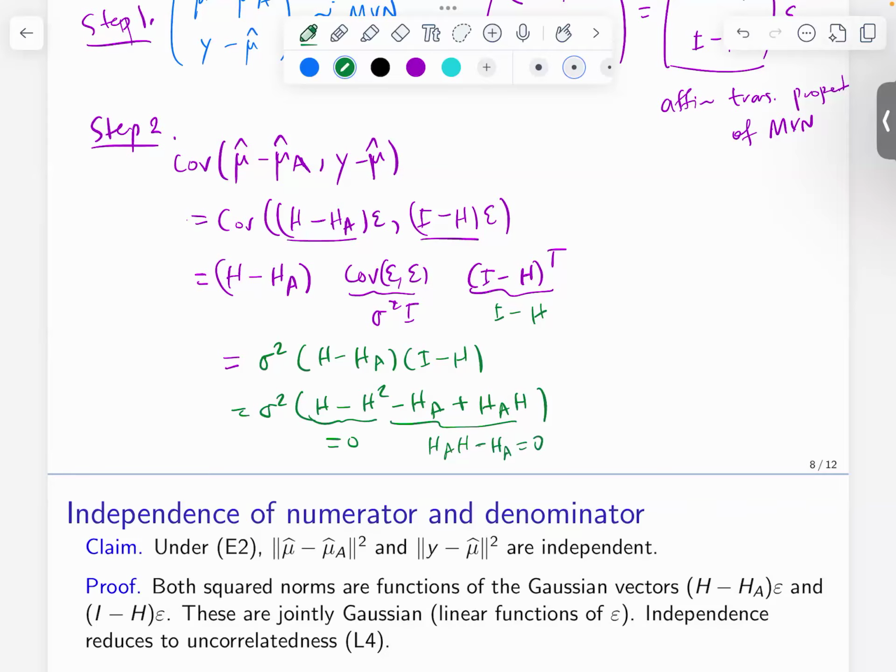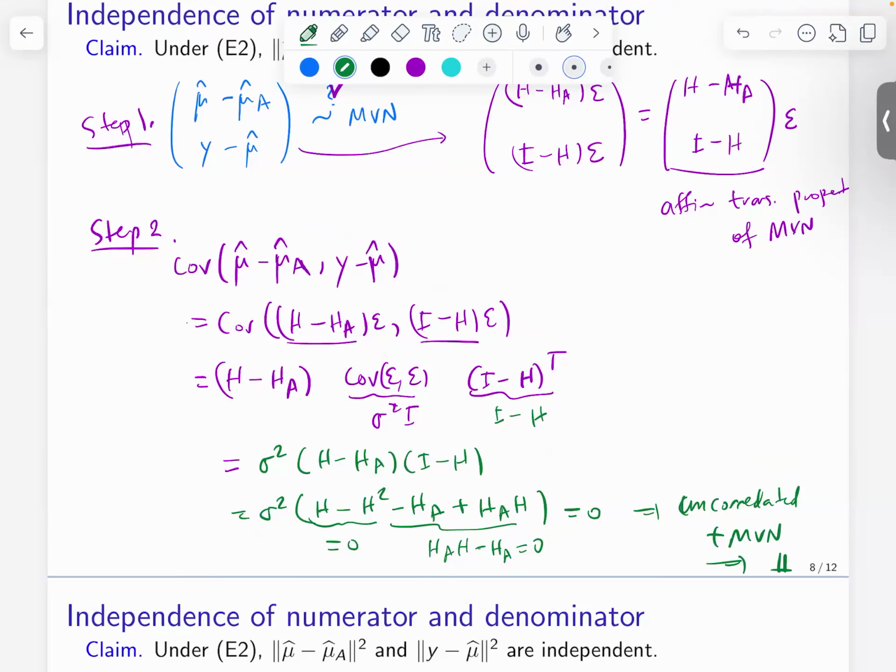That's another one of the identities that we showed earlier. So the whole thing is zero. So uncorrelated, plus MVN, so we get independence.